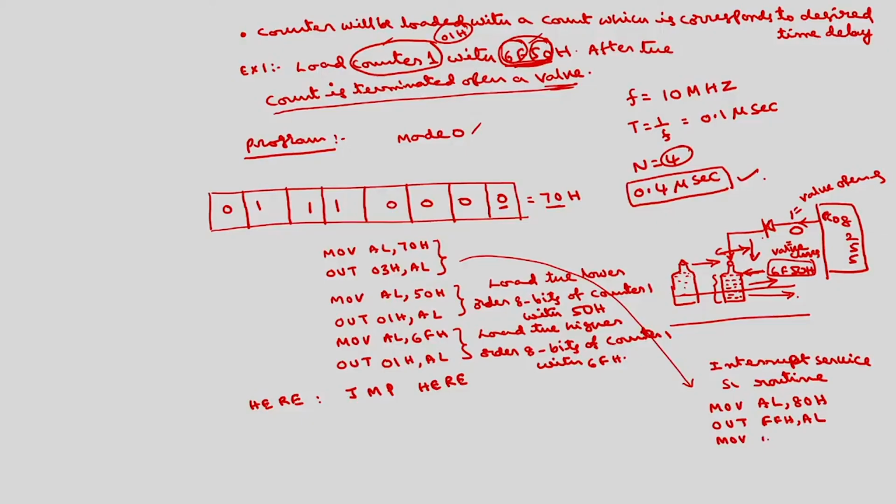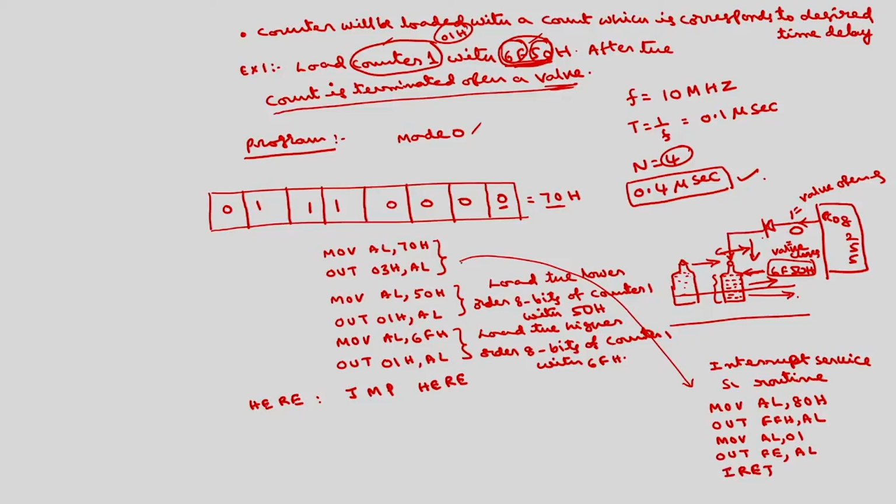So, 1, you have to take AL comma PC0 means 0 1, so that the last LSB bit becomes 1. Out port C address is FEH, then I return, interrupt return.